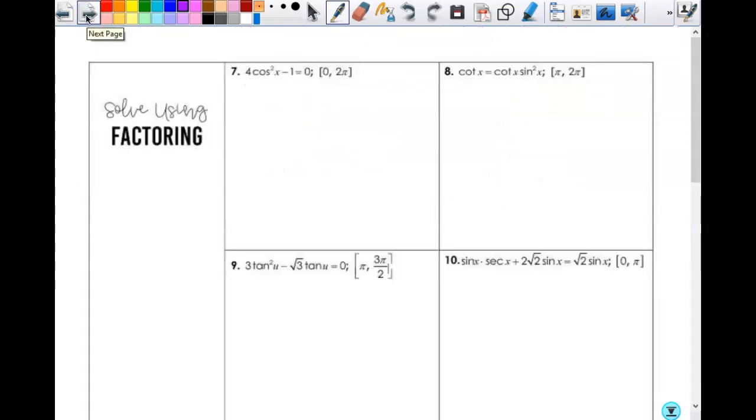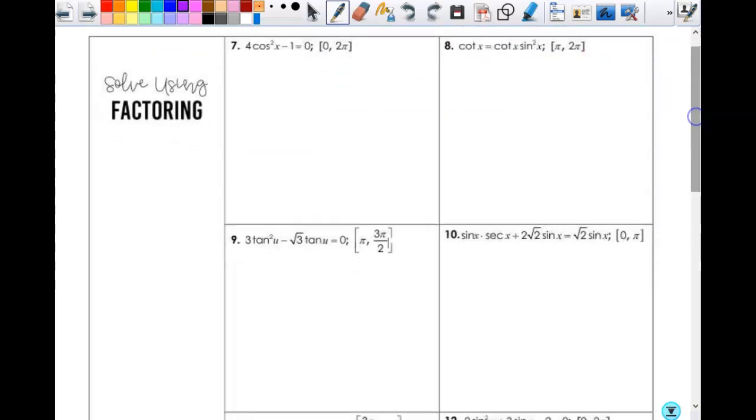So number 7, 4 cosine squared x minus 1 equals 0. What is it that you have before you here? Difference of squares, yes. So we can factor this thing. And we get 2 cosine x plus 1, 2 cosine x minus 1. So once I have it factored, then I can use my zero product rule.